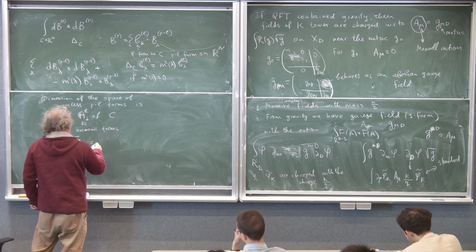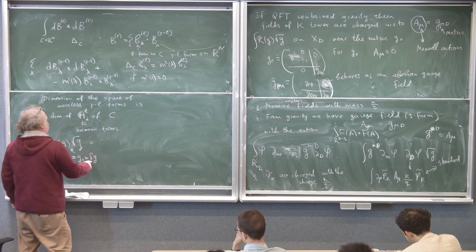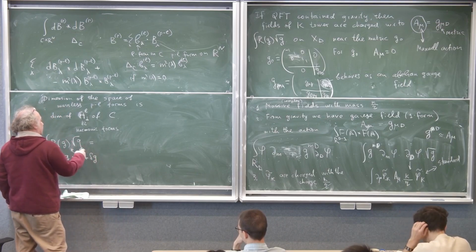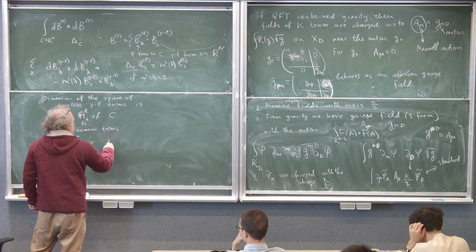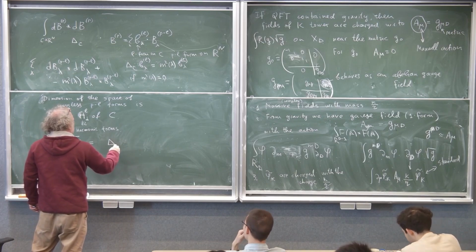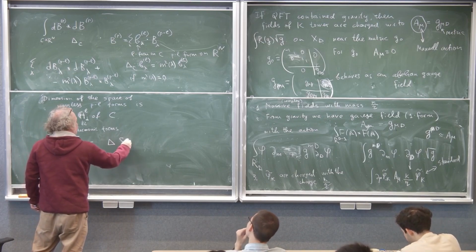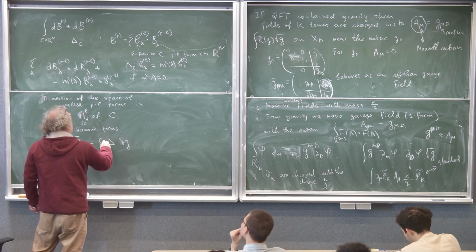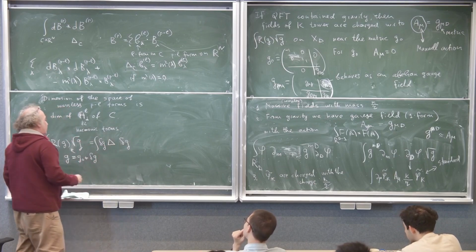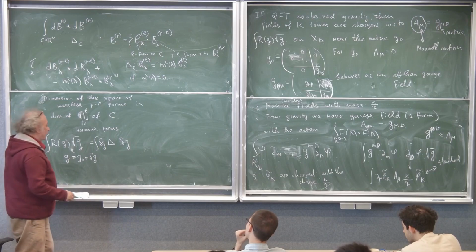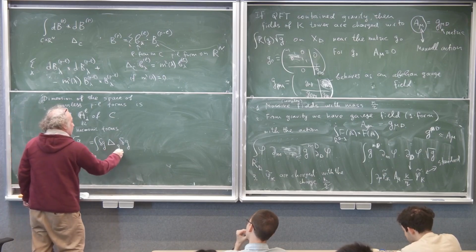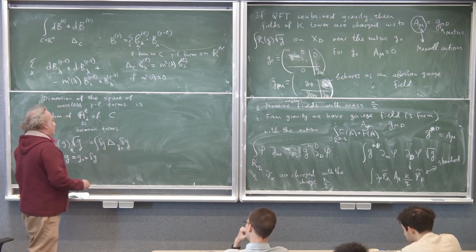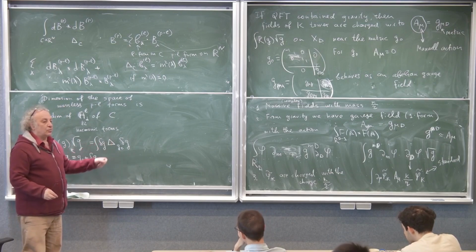Then the linear term in delta G vanishes, and we have some Laplacian on delta G in the metric G naught. And we need to study its spectrum.